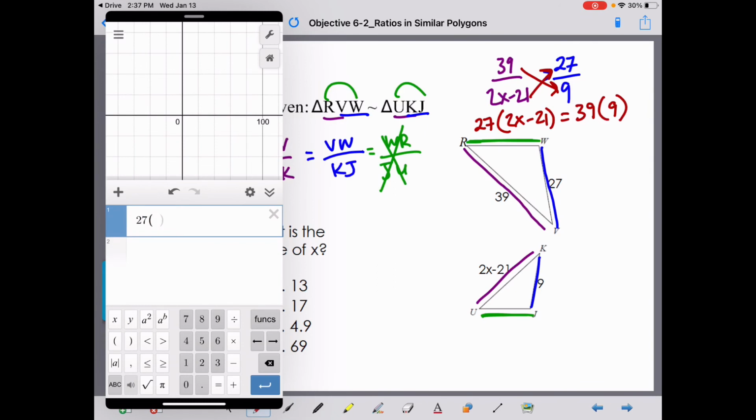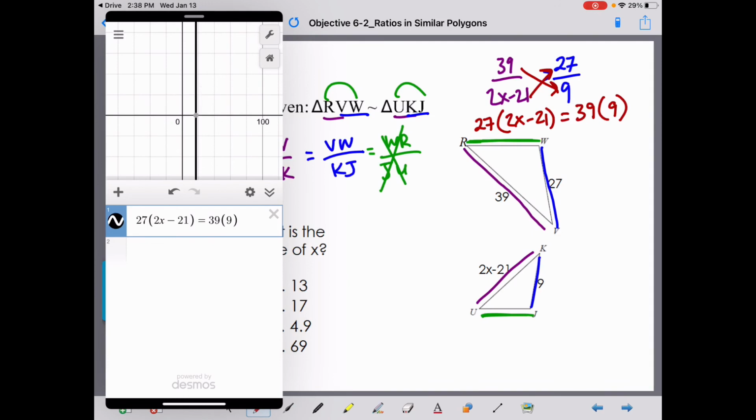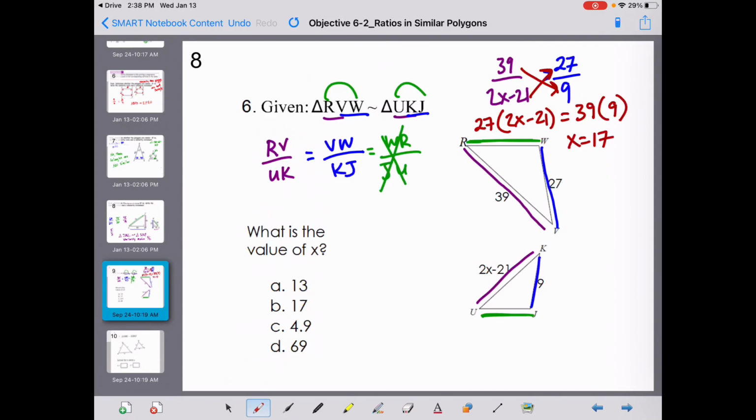Remember to use the parentheses or I'm going to be in trouble. Equals 39, parenthesis 9. X is 17. Is that what my problem wanted me to find? Yep. What is the value of x? It's 17. Last example.